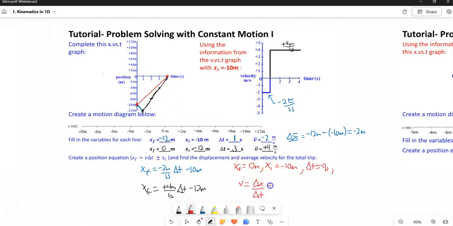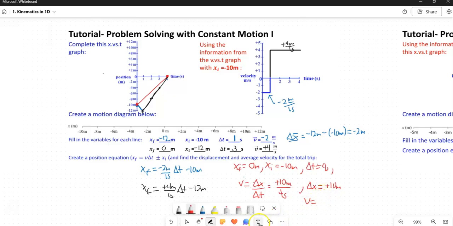So 0 meters minus negative 10, so positive 10. So the graph says positive 10 meters displacement over the period of 4 seconds. So the displacement is delta positive 10 meters. And the velocity is going to be whatever positive 10 meters over 4 seconds is.